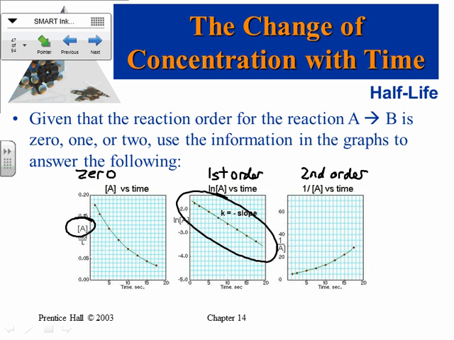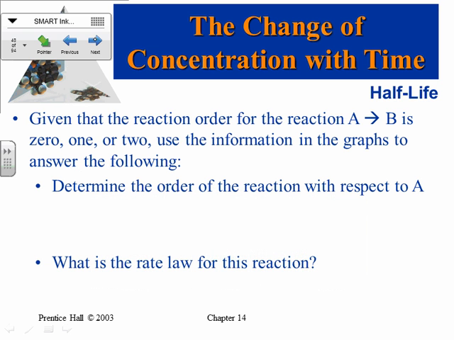If you double the concentration of your reactants, that doubles the rate of the reaction. Now what about second order? What happens if you double the concentration of your reactants in a second order? It quadruples the rate. So that's how you figure that out, or that's what that means, I guess.